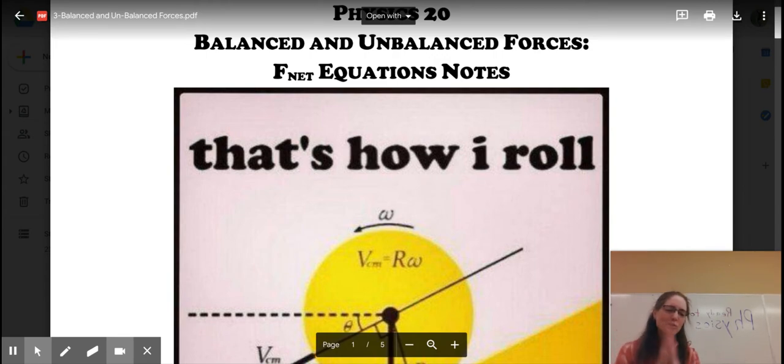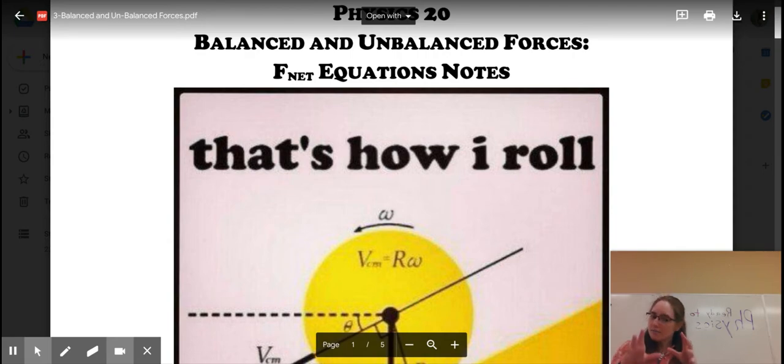So let's do a wee bit of review before we start. Balanced forces is when all the forces on an object cancel out. So the force of you pushing on something is equal to the force of friction holding that object back.